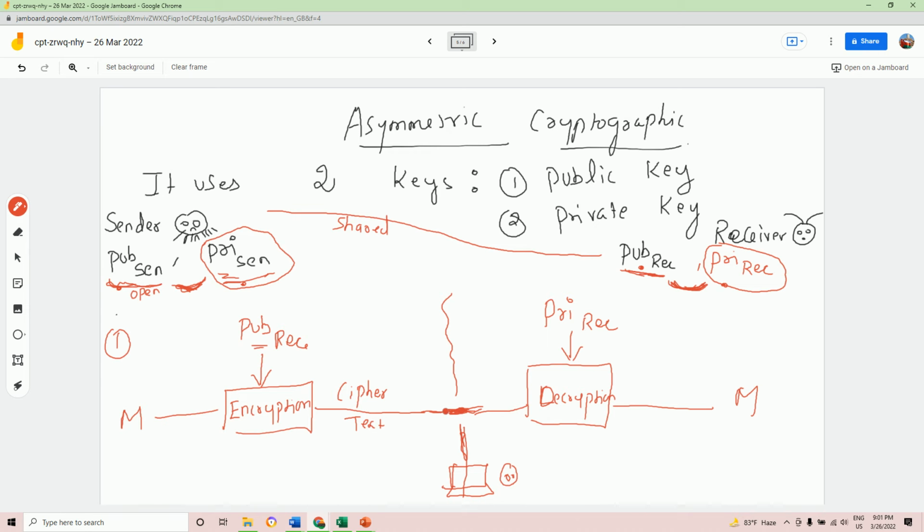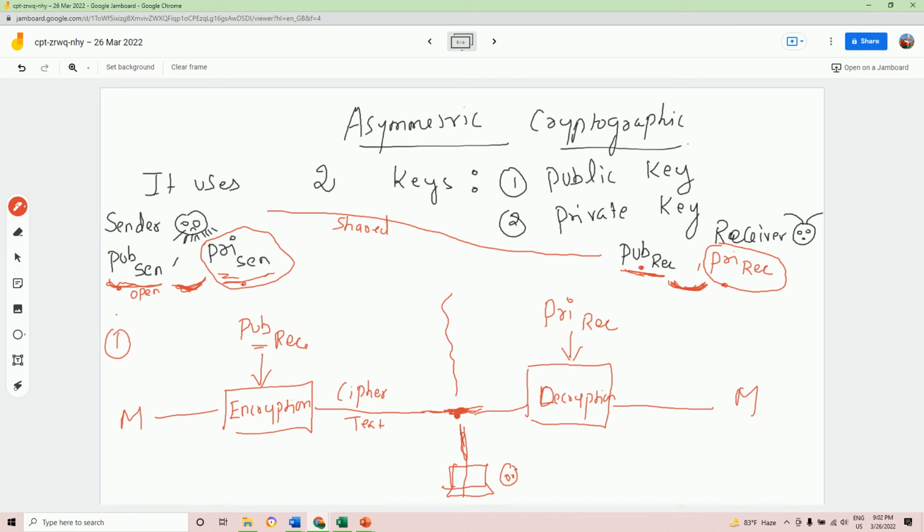And if they want to see the message, they have to do the decryption. But this guy cannot do the decryption. Why? Because he doesn't have the private key of the receiver. The private key of the receiver is very secret. The receiver will not share it with anyone.